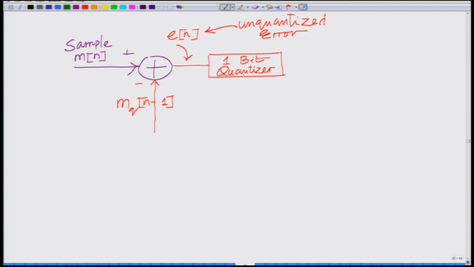You pass it through the 1 bit quantizer and then you get eq[n].